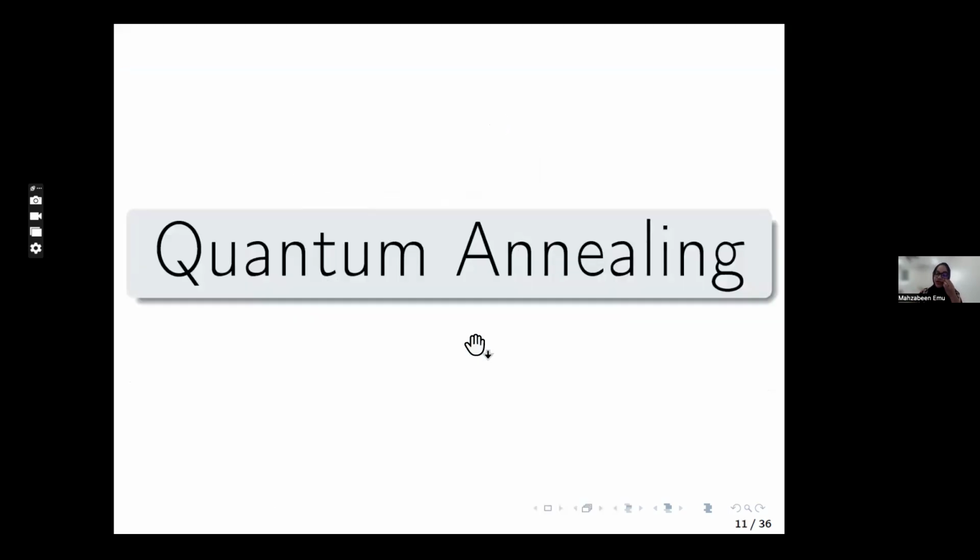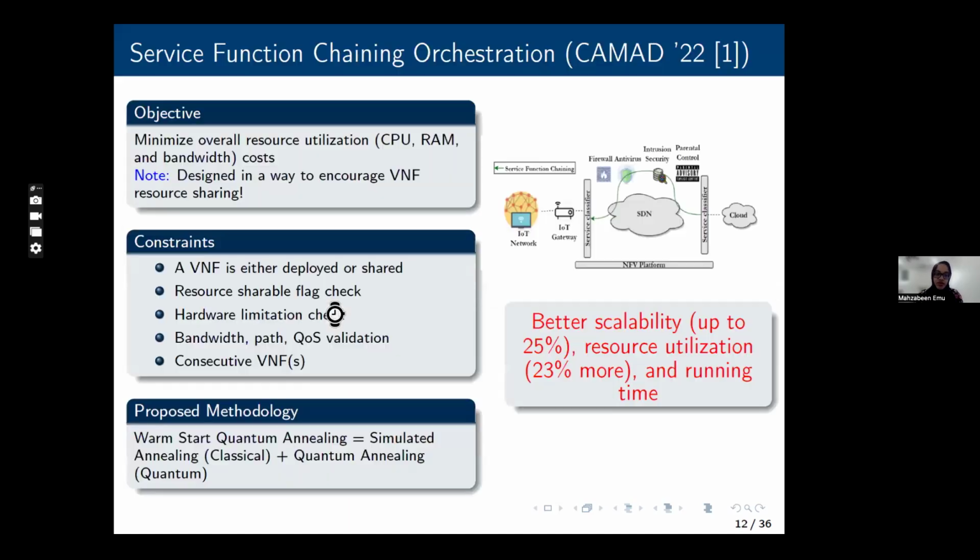Okay, so now I will explain a few research projects where I have applied quantum annealing. The first one is service function chaining, where we let the internet traffic steer through multiple layers of network functions such as antivirus and intrusion security to get a particular service in the IoT network.